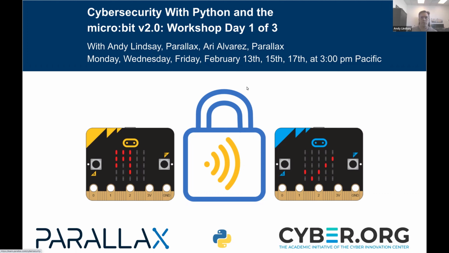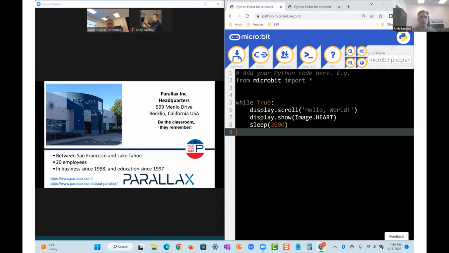All right, so with that, what I'd like to have you do while we go over some of the general introductions is to set your Zoom up so that you can easily get to your python.microbit.org editor, or basically a Chrome browser.